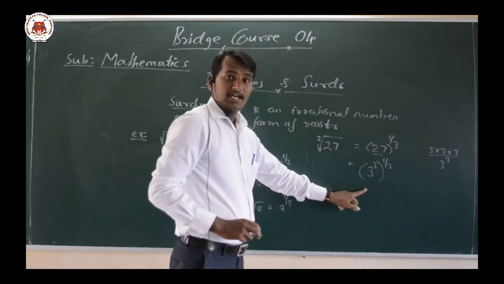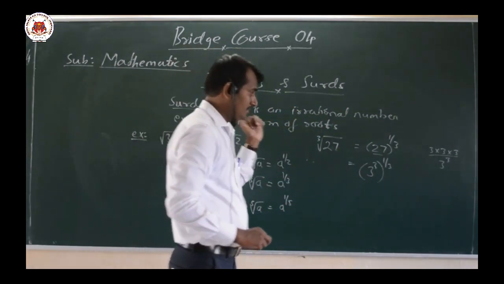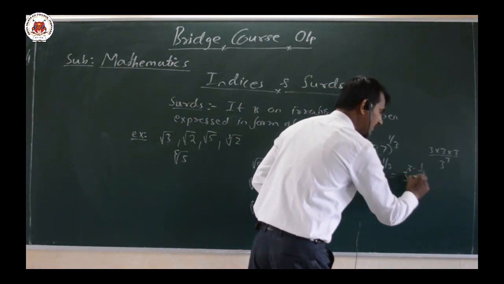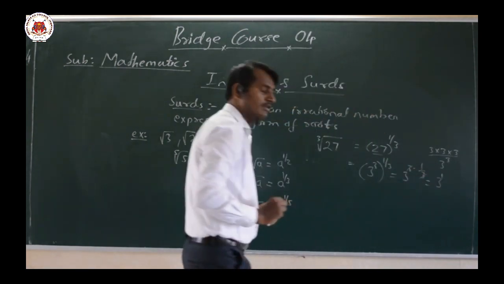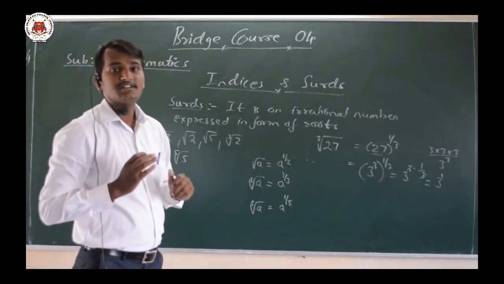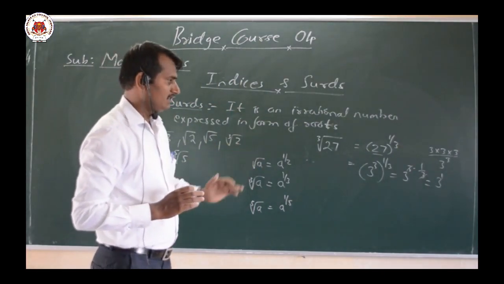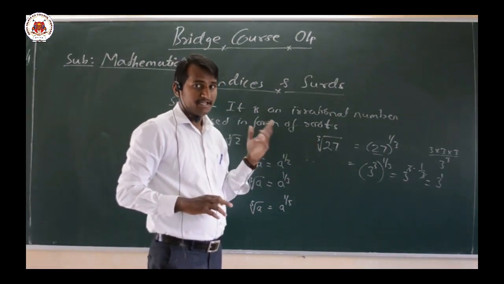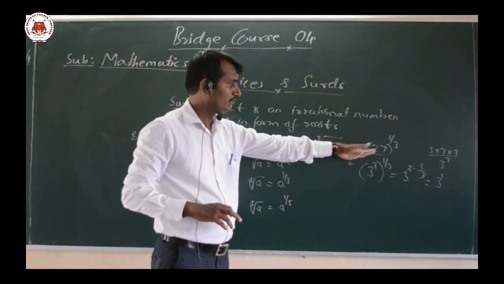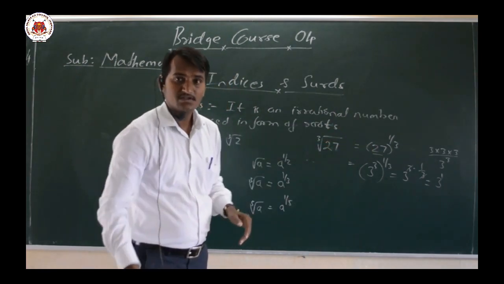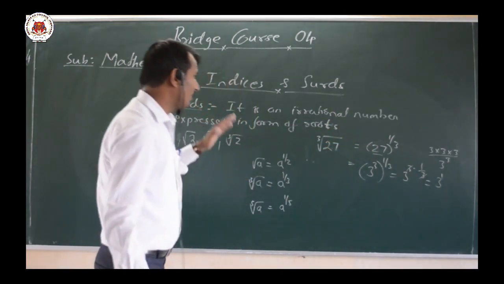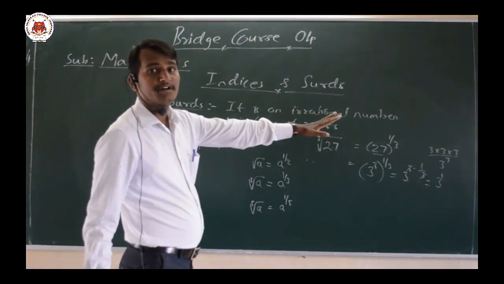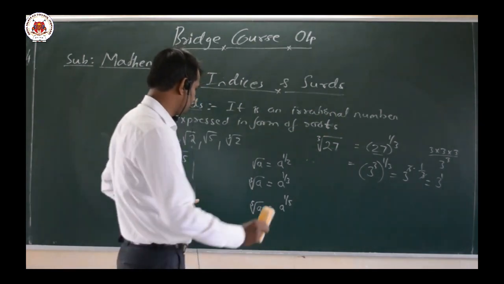As per the indices, 3 into 1 by 3 gets eliminated. What is the remaining part? 3 to the power of 1, that is 3 only. Very simple example. Hence the cube root of 27 is not a surd. It may be written with indices, 27 to the power of 1 by 3, but it is not a surd. Why? Because a surd is always an irrational number.